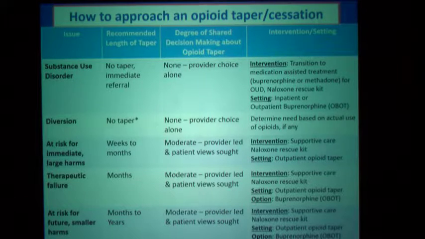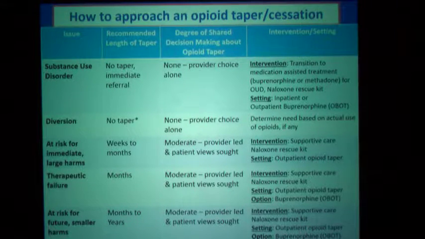Again, we've decided what the diagnosis is. We've determined what's going on, and that's going to base how we approach this taper. So number one, the biggest problem, definitely raises my anxiety in the patient room. I'm concerned that there's a substance use disorder. Again, it doesn't have to just be opioids.